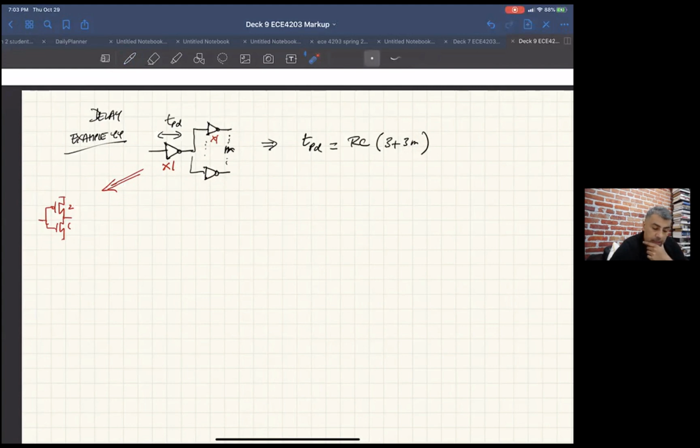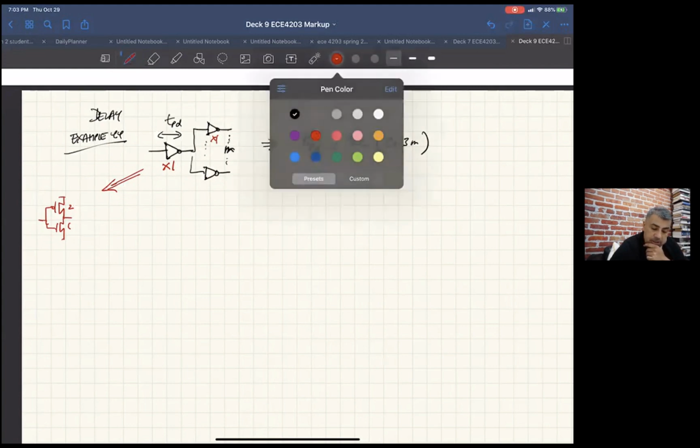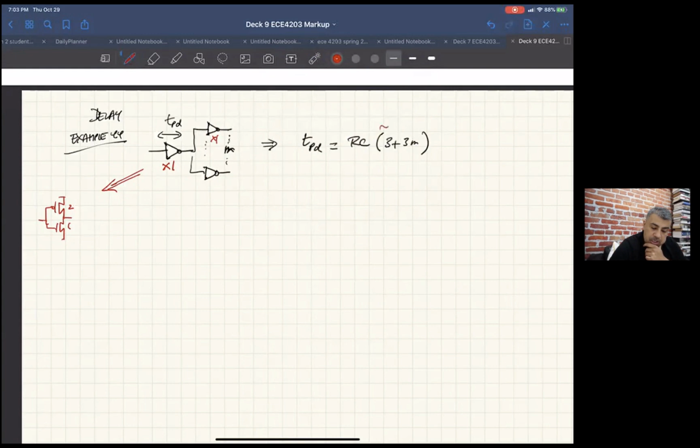This was the delay for just driving your own parasitics, so we call this the parasitic, and this was all the loads you were driving, so this ended up being the load delay component. That was example 4.4.